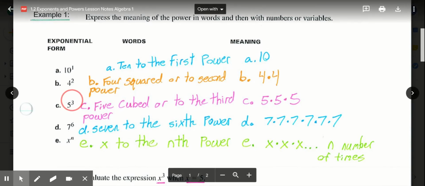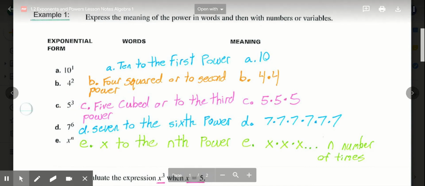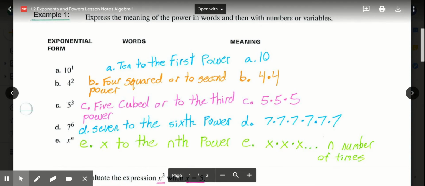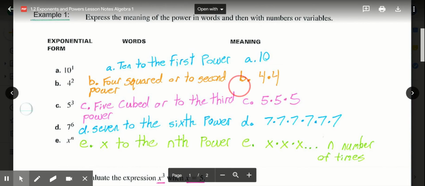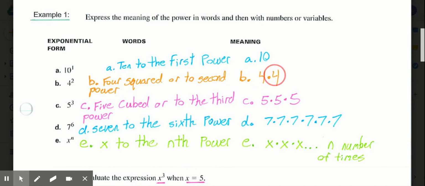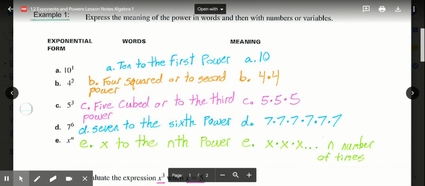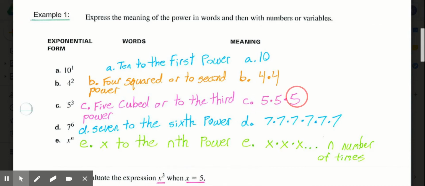Anything to an exponent of 3 is cubed. So this could be read as 5 cubed or 5 to the 3rd power. And then our far right column, 4 squared, on the previous one meant 4 times 4, so we're going to skip that before. And for C, with 5 cubed, it means mathematically it's 5 times 5 times 5.